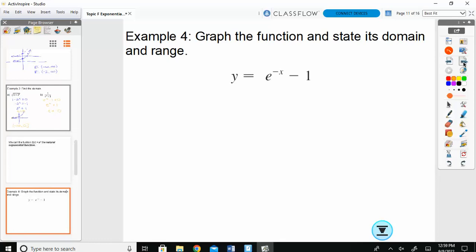I could ask you to graph these. If I want to graph this, we know it's an exponential. So we know, where does it have a horizontal asymptote? 0. We're going to have a horizontal asymptote on the x-axis.